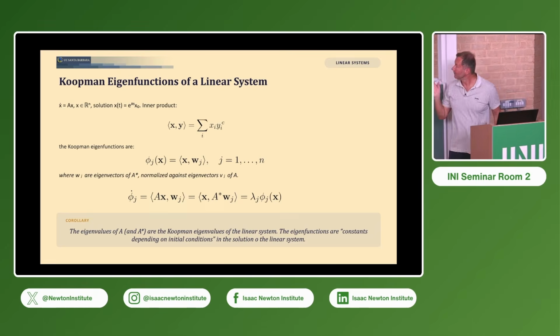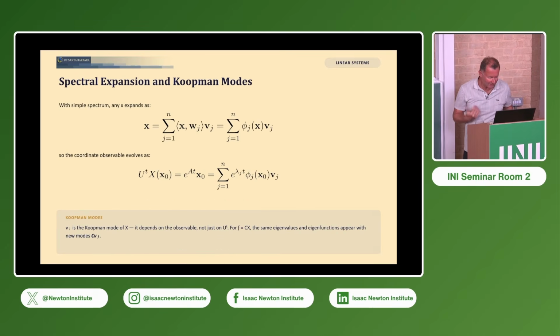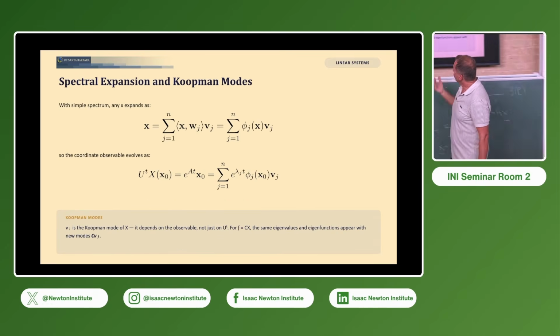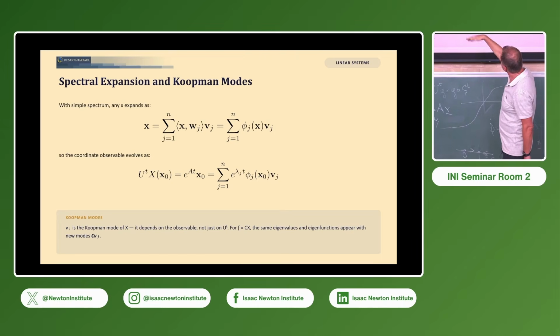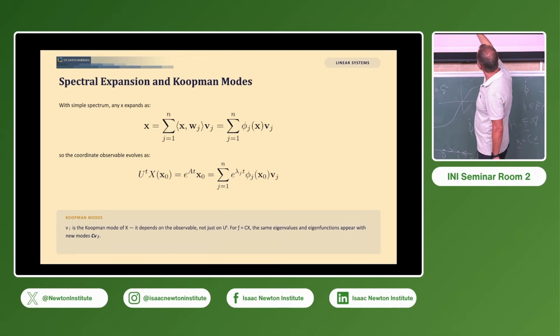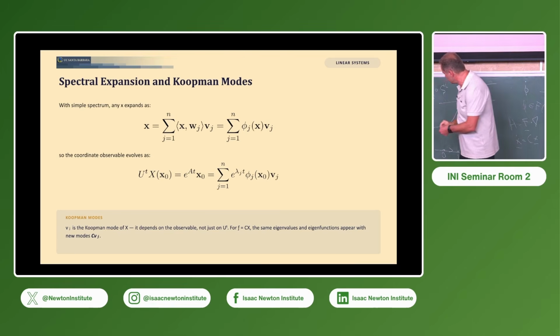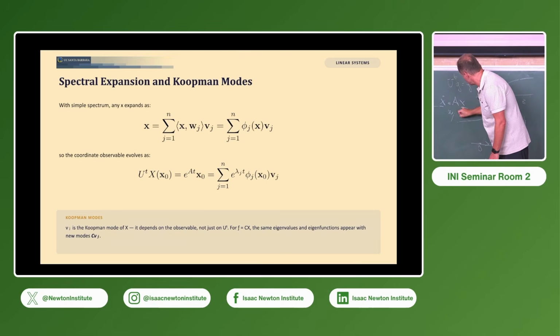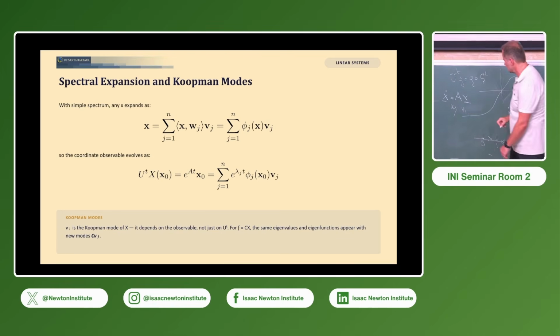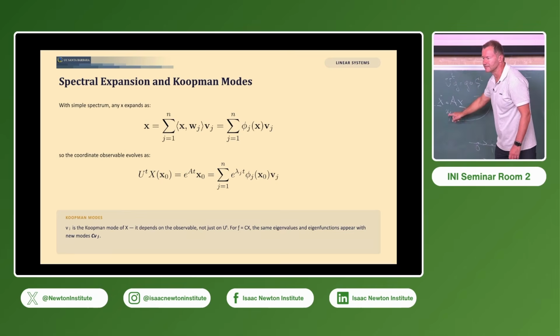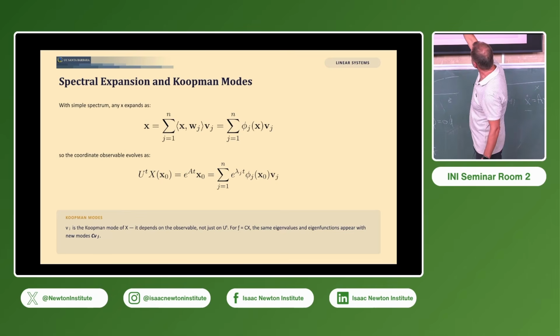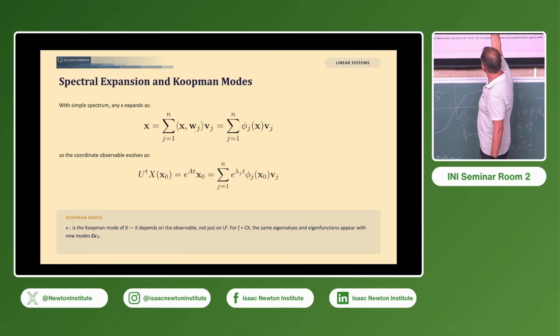Okay, so one interesting thing that comes out of this: when we study linear systems, if we expand our x in the inner product of x and wj, and the vj's are our right eigenvectors. Did I say right or left here? Hopefully I said left. Right eigenvectors, you get that phi j of x in there.